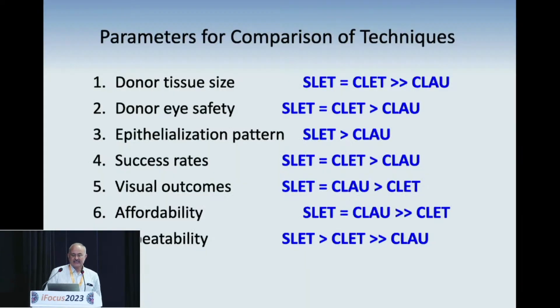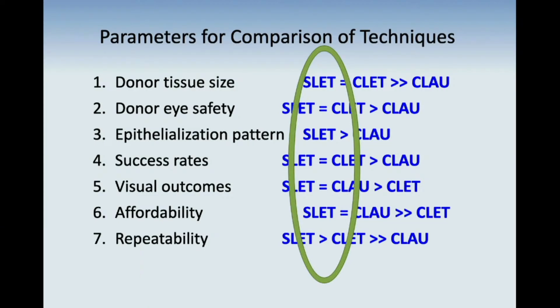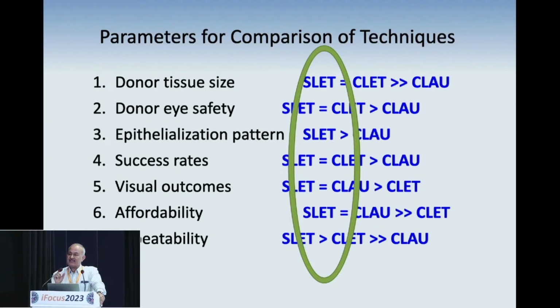So what SLET is, essentially, if you evaluate these 3 surgeries, conjunctival limbal autograft, the cultivated limbal epithelial transplant, and simple limbal epithelial transplant, in those 7 parameters, this technique, SLET, is either better or as good as other techniques, and essentially it has eliminated the downside of CLAU, conjunctival limbal autograft, and also of the CLET. So it is a small tissue grown in the eye, a single-stage surgery, the patient doesn't have to come back, and you don't need a lab.